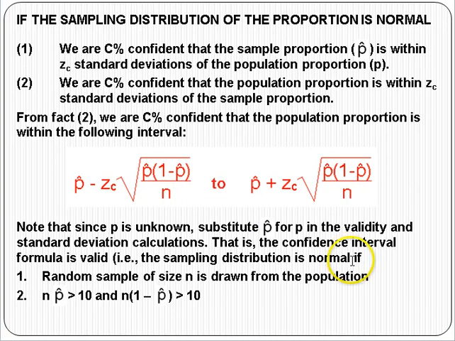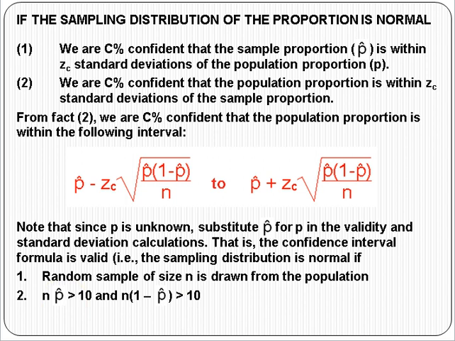Likewise, in the validity calculations, you still have to have a random sample of size n. That doesn't change, but n times p hat, not p, but n times p hat is greater than 10, and n times 1 minus p hat is also greater than 10.